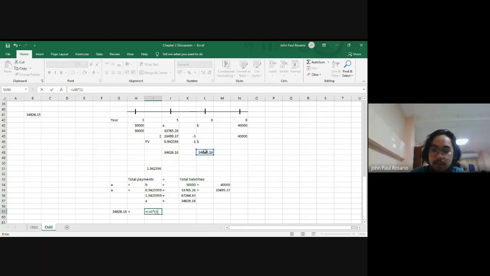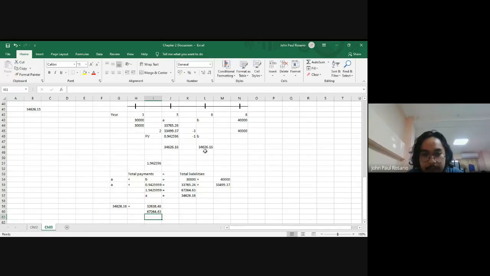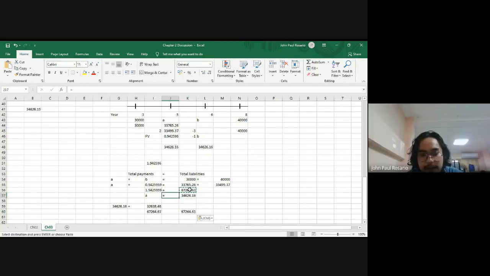So 1 plus 0.06 over 2 raised to the power of 2 times negative 1. So this one, if you sum it, is the same. So they are equal, right? Did you see? Yes, sir. Okay. Question so far?